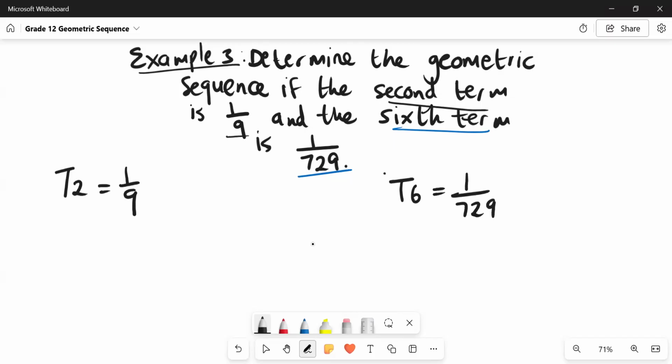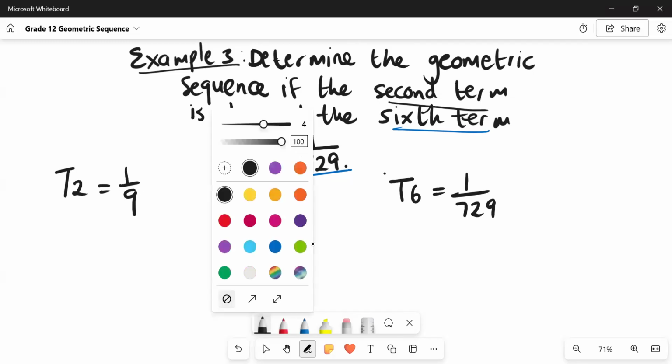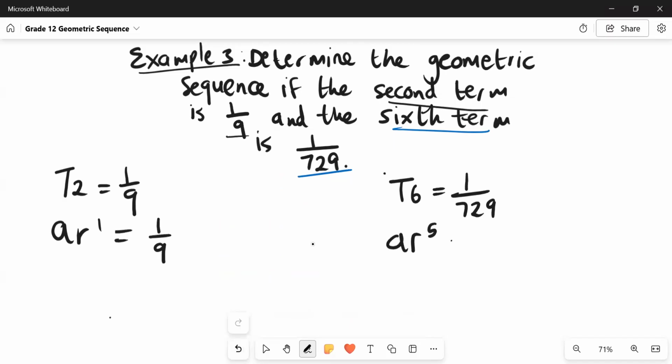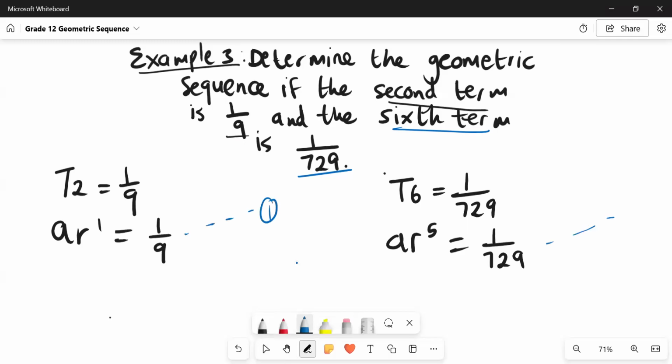And then from here, we use how to express the terms of a geometric sequence. So T2, that's AR to the power 1 equals 1 over 9. T6, AR to the power 5 equals 1 over 729. And then from here, we have created equation 1 and equation 2.